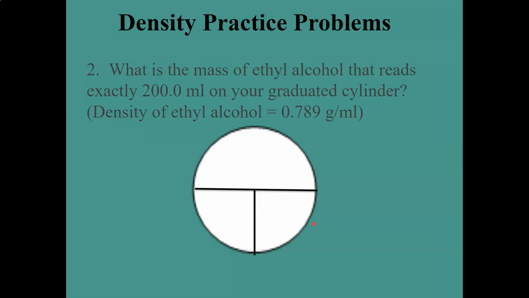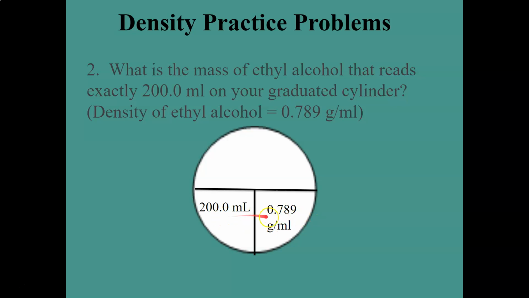In this problem, I know my density for the ethyl alcohol, and I know the volume of the alcohol that I have. What I'm trying to discover is the mass. I know my volume is exactly 200 milliliters and that my density is 0.789 grams per milliliter.